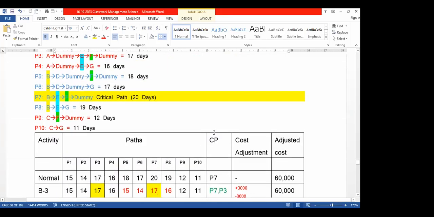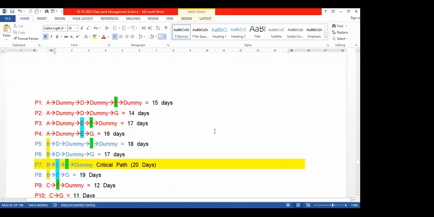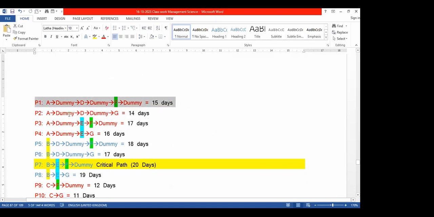And by looking at the individual paths, we can see the duration of each path: how many days P1, P2, P3. It's not necessary to use these names. The first path should be P1, but it may be P5 also, that's possible. For my way of doing it, I have considered this path as P1.